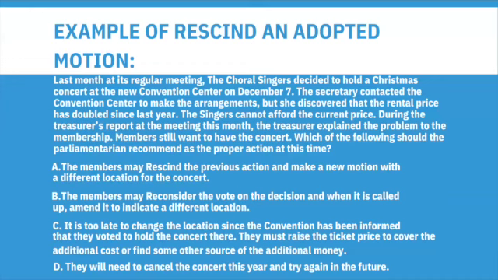They must raise the ticket price to cover the additional costs or find some other source of the additional money. D, they will need to cancel the concert this year and try again in the future. So what should the parliamentarian recommend as the proper action?